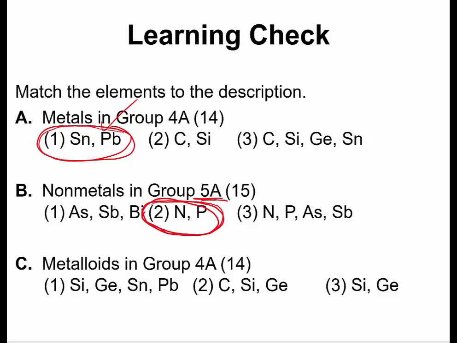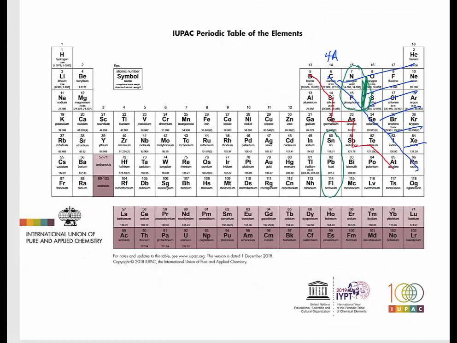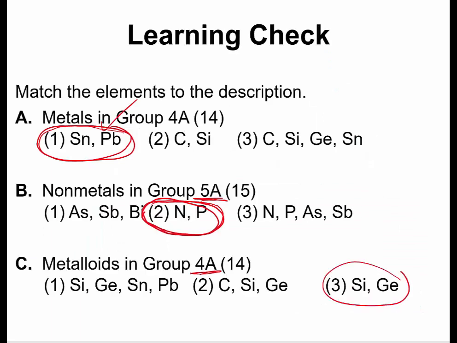And the third question here, which ones are metalloids in group 4A? Let us take a look at the periodic table again. Metalloids, remember, are the ones in zigzag in the red color here. So that will be silicon and germanium.